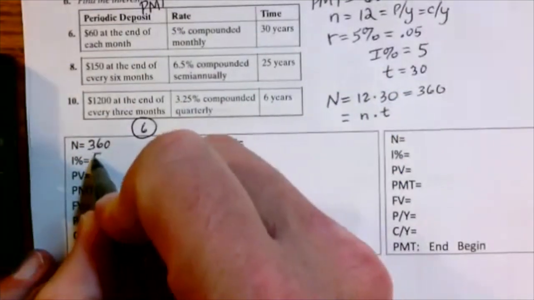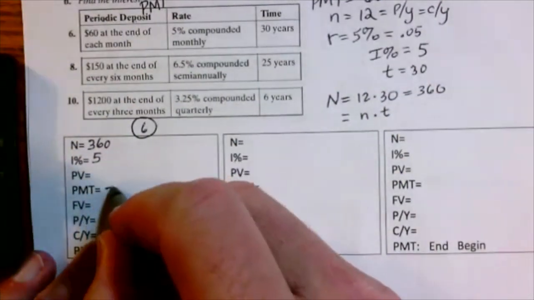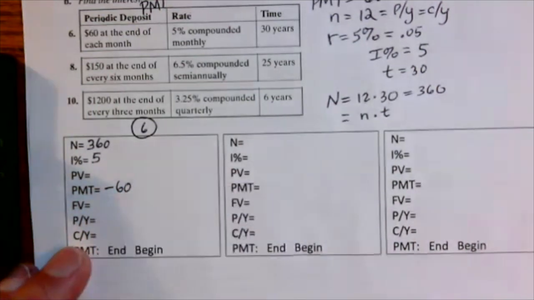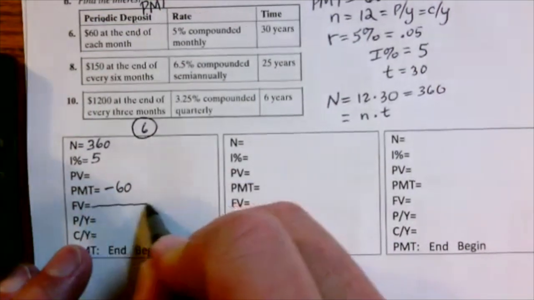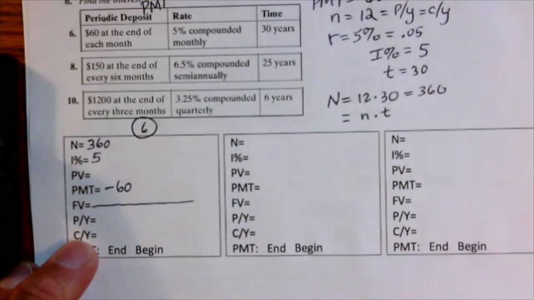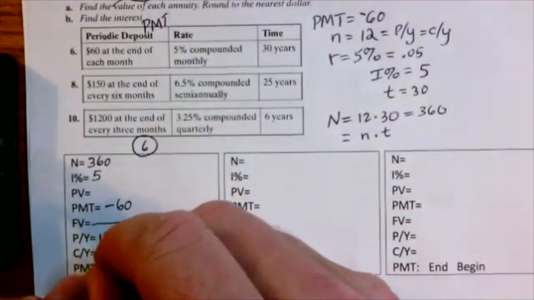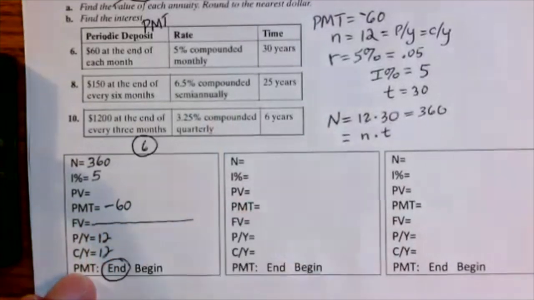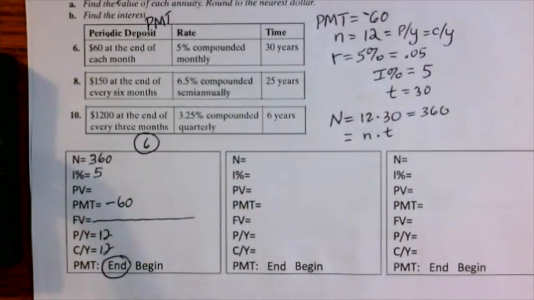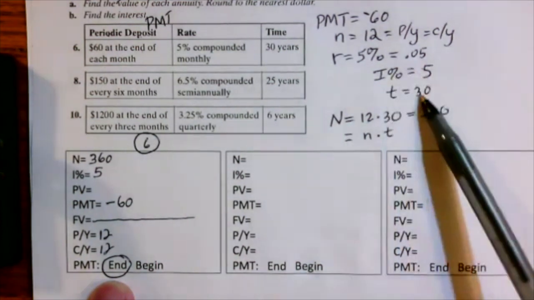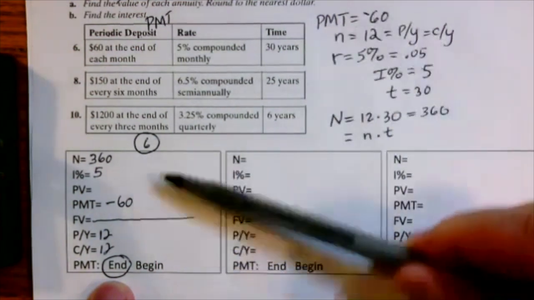I% is 5. The payment, there's your negative 60. And the future value is also known as the value of the annuity. And that's what we're calculating here. Payments per year, compounding per year will be 12, and then interest is going to be calculated at the end. So when you look at all this information that was given, this is what you have.